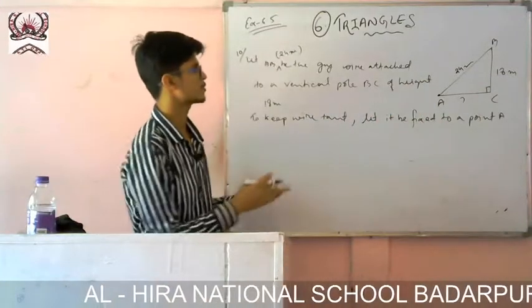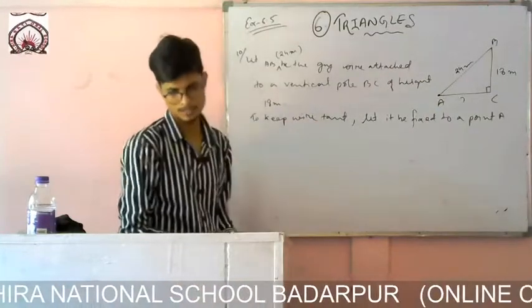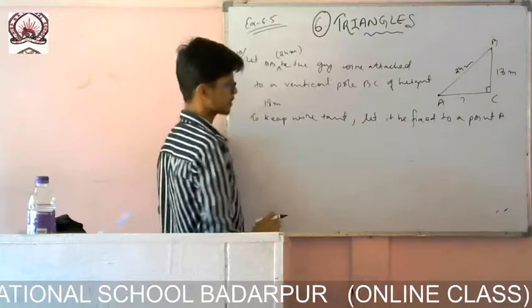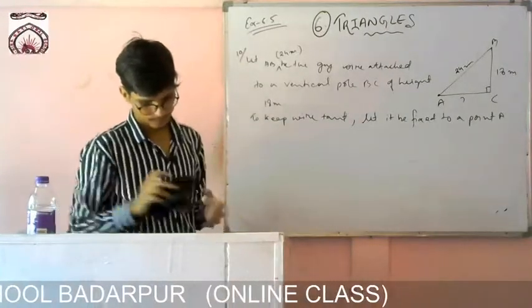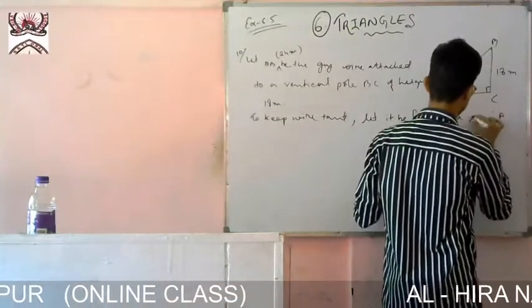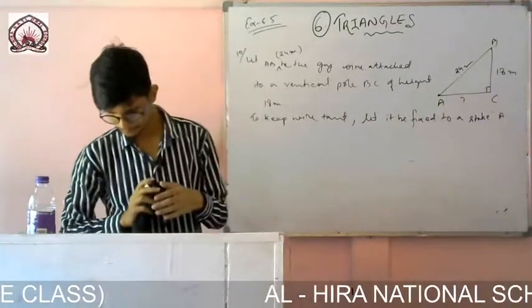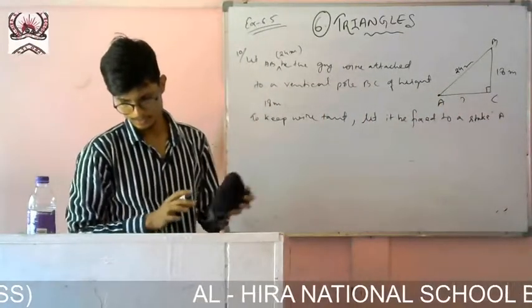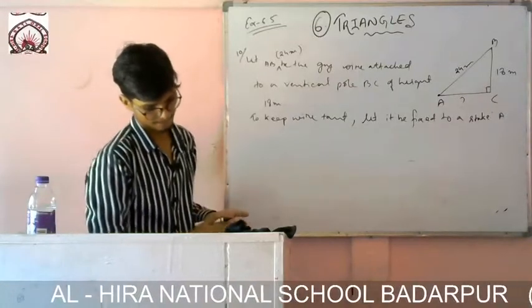What does AC mean, what does AB mean, you have to say. Directly from the diagram you cannot calculate it. So, fixed to a stake at A.